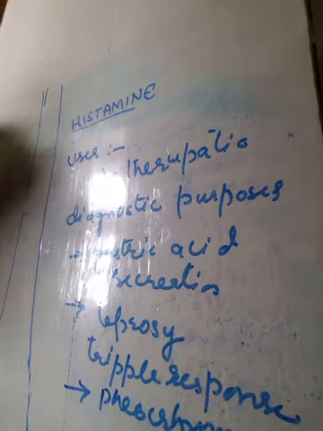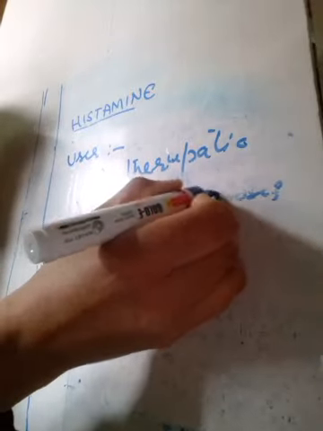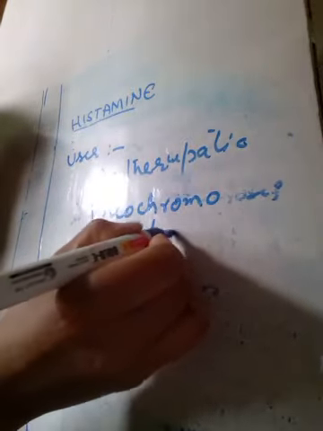Pheochromocytoma is a tumor of the adrenal gland where it is used for diagnostic purposes. So these were the uses of histamine.